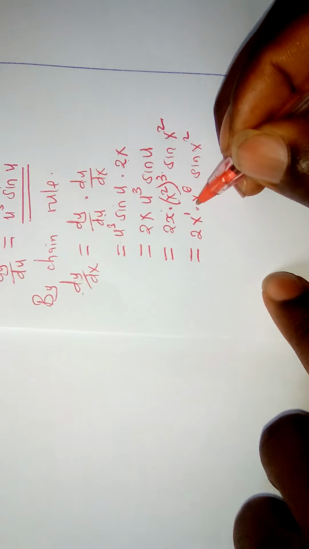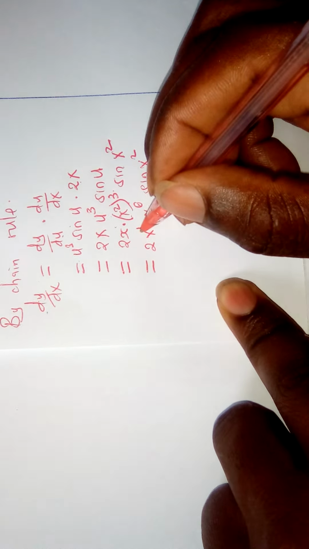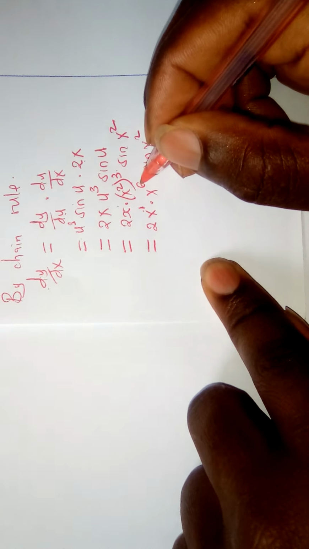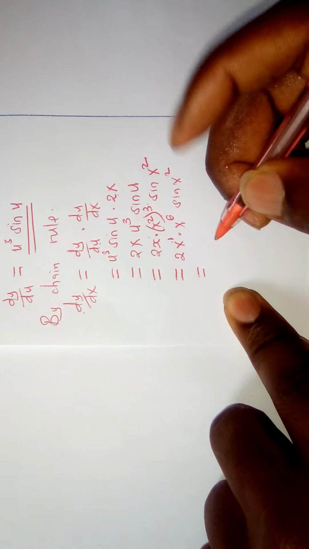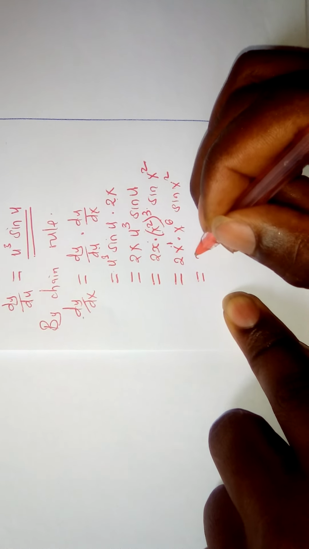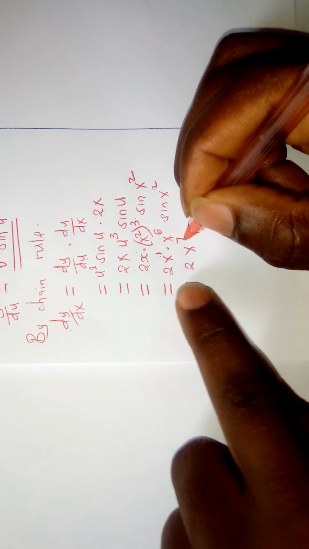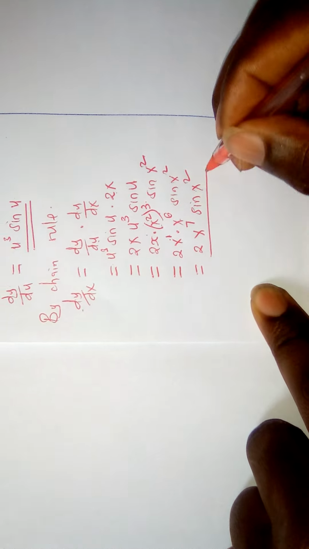Remember, while multiplying, I need to add the powers. So when you add the power, I have 1 plus 6, obviously 7. So I'll end up getting 2x raised to 7, because 1 plus 6, sine x squared.